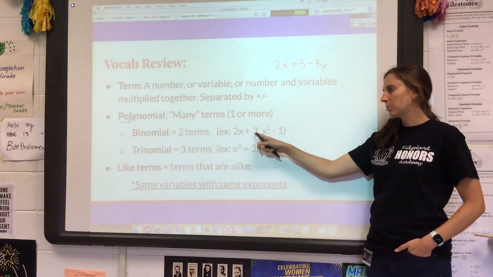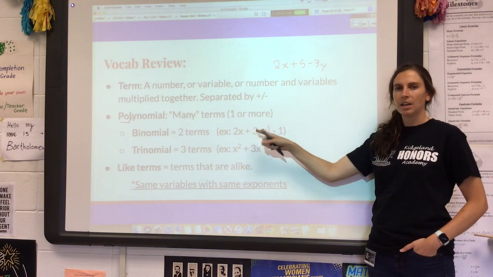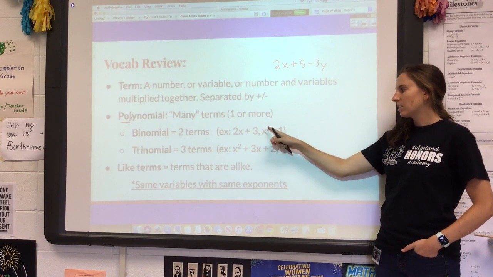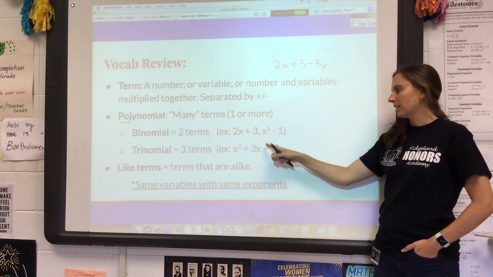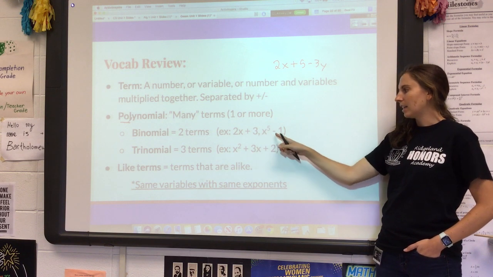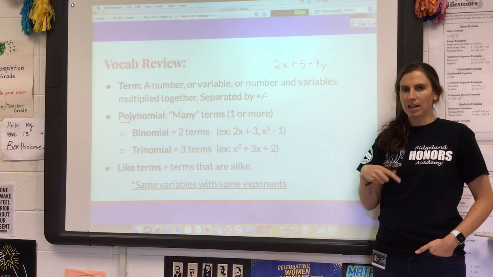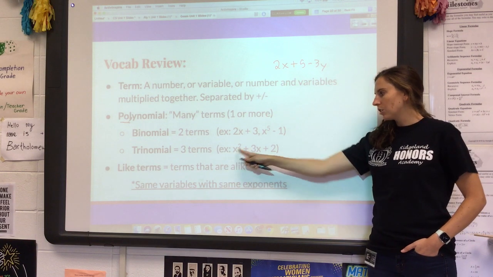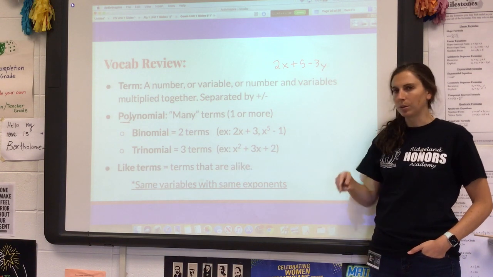So like 2x plus 3, 2x and 3 are 2 terms. X to the 5th is a term because it's x times x times x times x times x, so that's all one term. And then the minus 1 is a term, so that is a binomial as well. This one has 3 terms, so it's a trinomial.